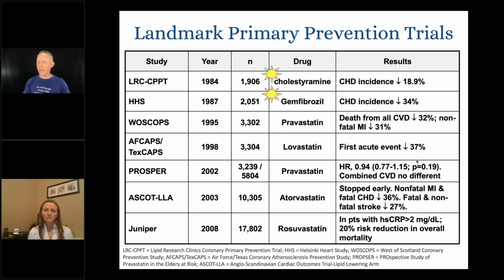So when we go back to looking at drugs and treatments, right? What are some of the drugs that have the greatest evidence both in primary and secondary prevention? Because she's a primary prevention patient. Well, we do have some older trials in the 80s, because back then we didn't have that many things. Cholestyramine, oh, wow. Anybody used that recently? I mean, seriously? I haven't seen that drug in years.